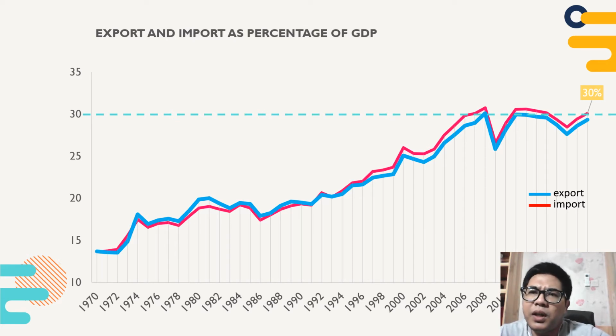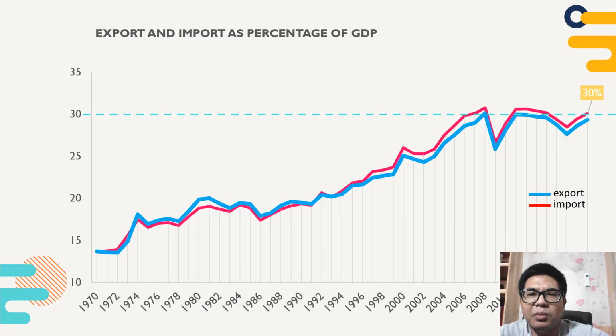What do the numbers tell us then? One, it shows that today more goods and services are being traded compared to 1970. Second, international trade is growing.